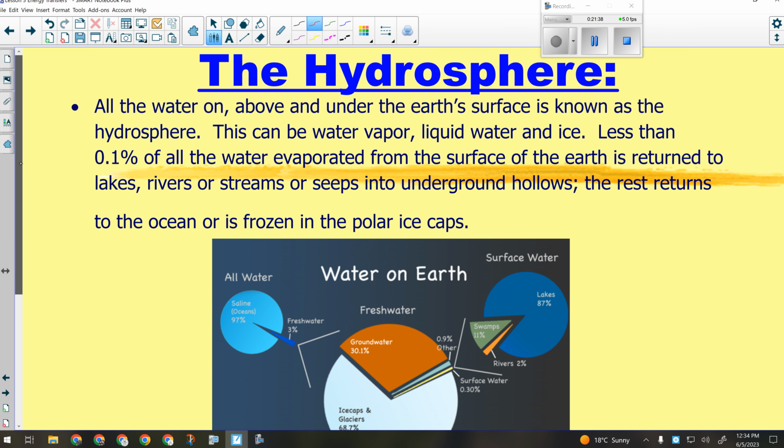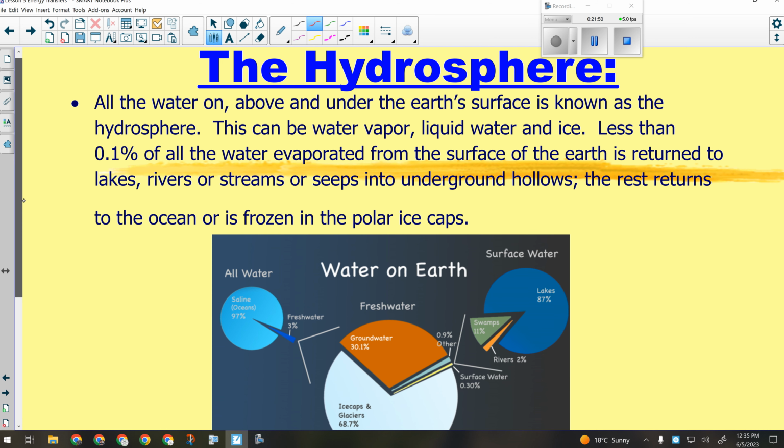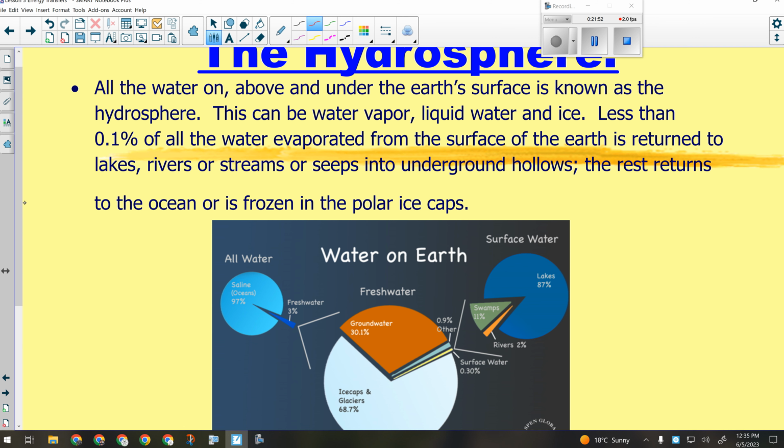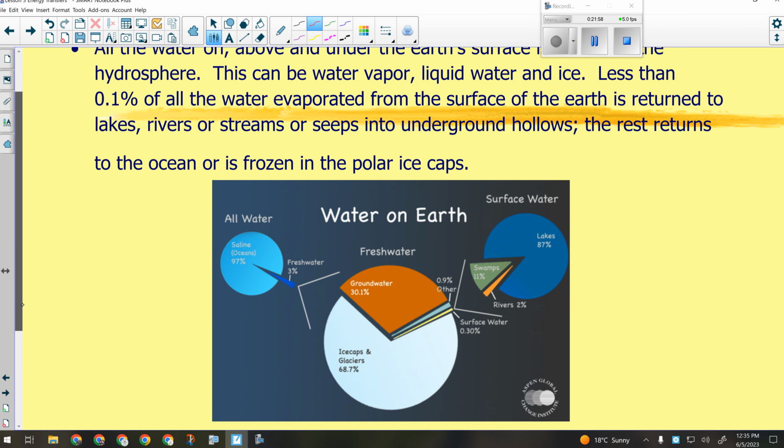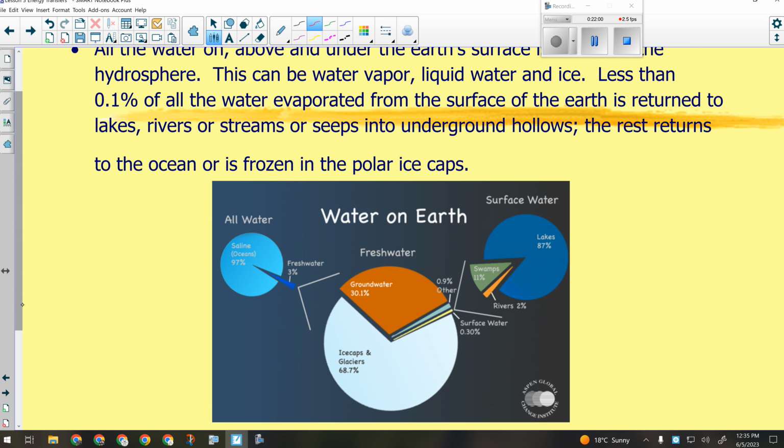But we're looking at the water cycle not in terms of I have to know all the parts, but more in terms of where's the energy in and out, because we're looking at this from an energy perspective. So on Earth, there are many states of water: liquid, gas, solid. 97% of all the Earth's water is in the oceans, so it's saline. 3% of it is fresh.